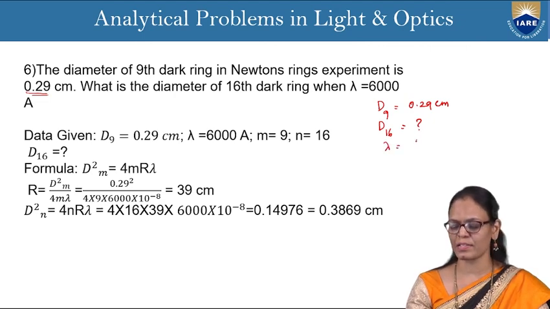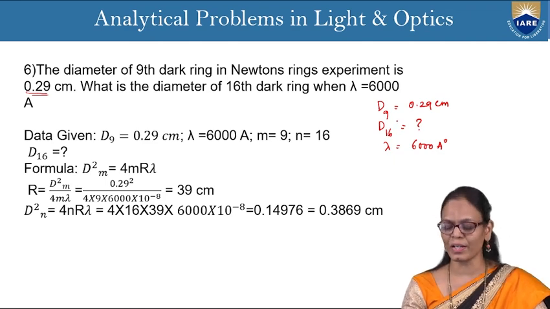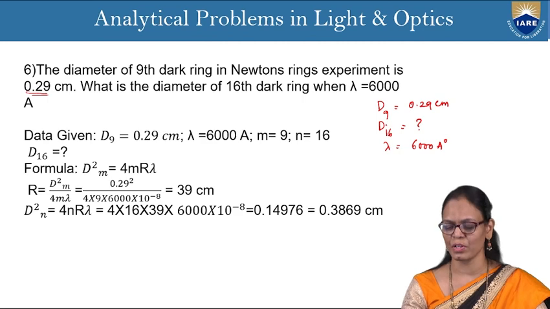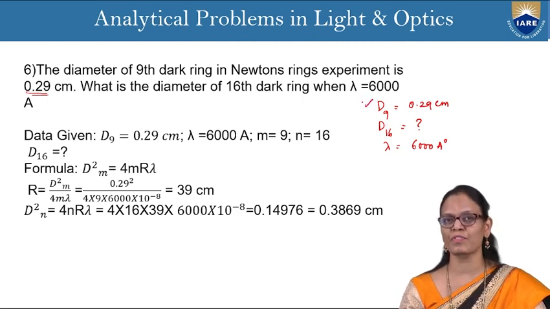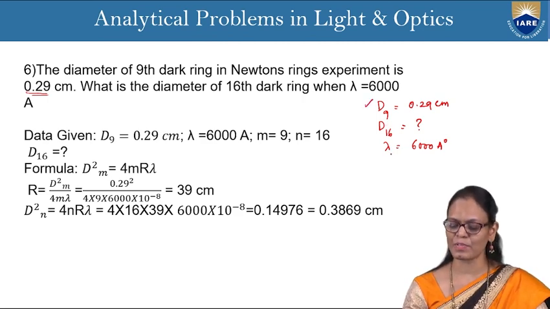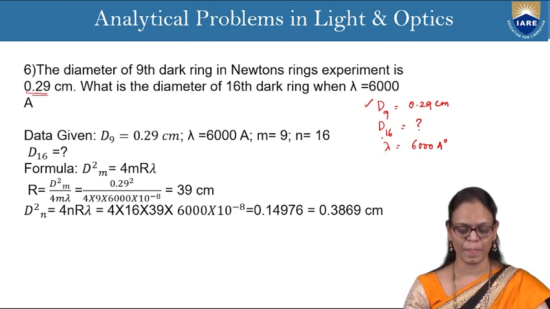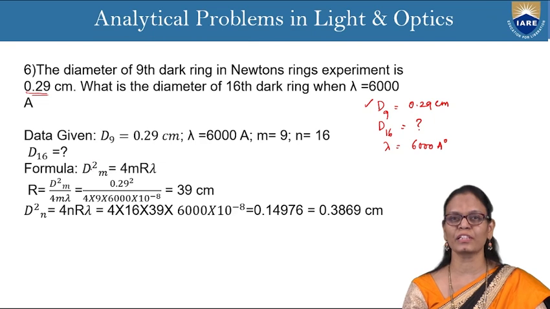Lambda is given as 6000 angstrom. So in order to find the diameter, you need to know the radius of curvature. Using this, we will find first R and then substitute and get the value of the diameter of the 16th ring.